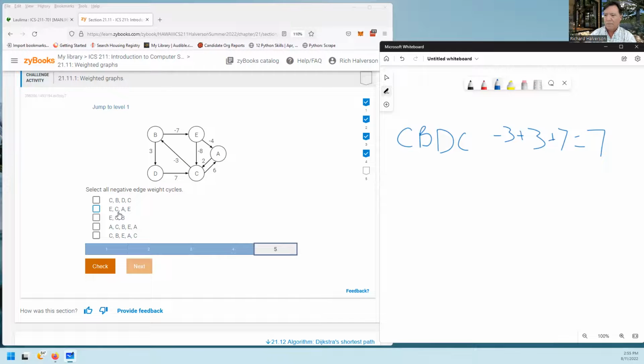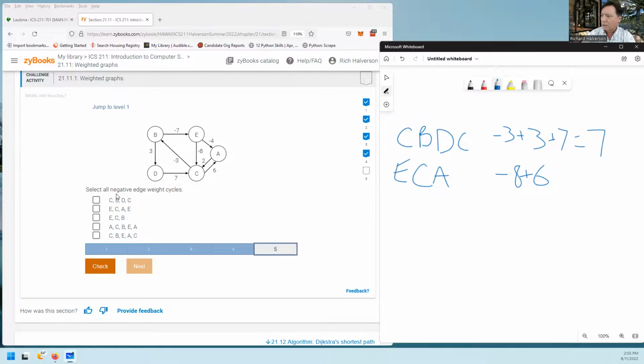How about E to C? E to C is -8. C to A is +6. And then A back to E is -4.